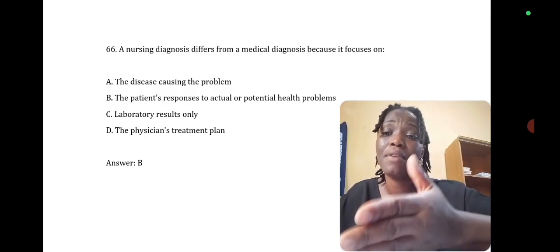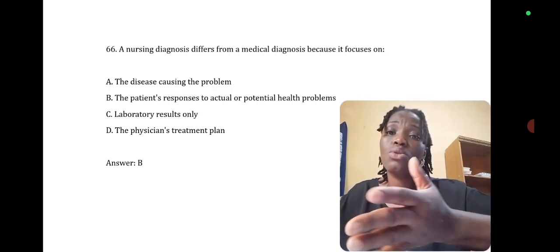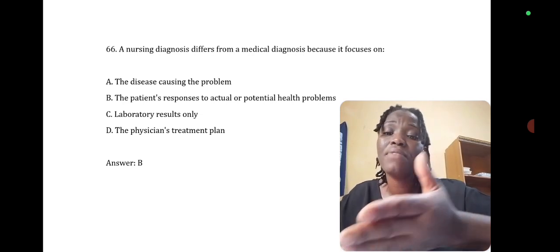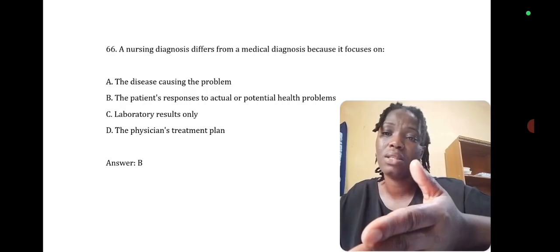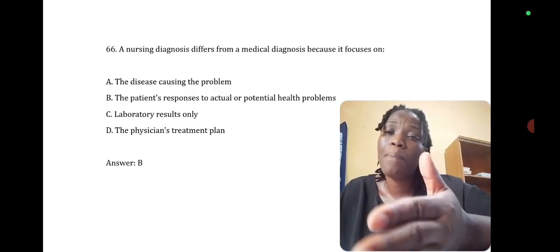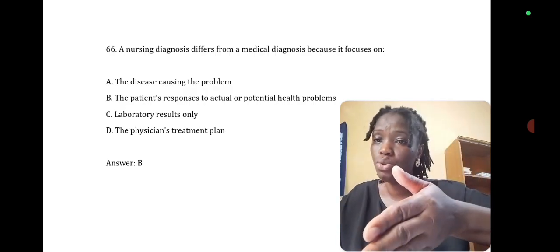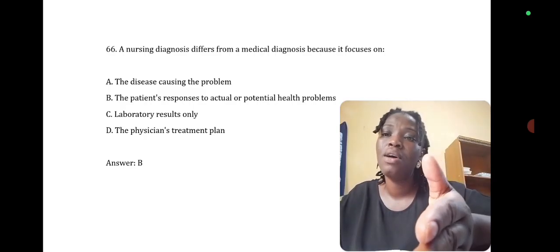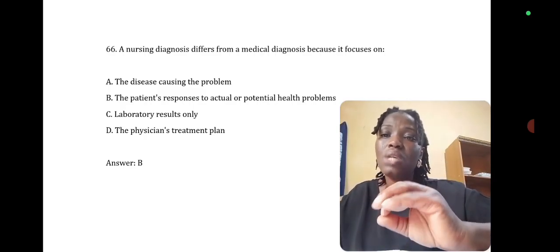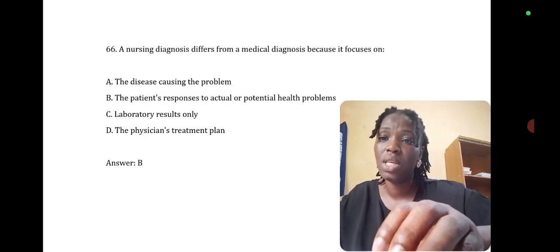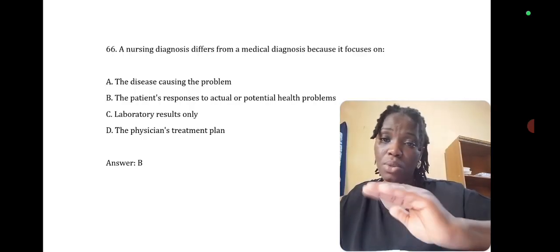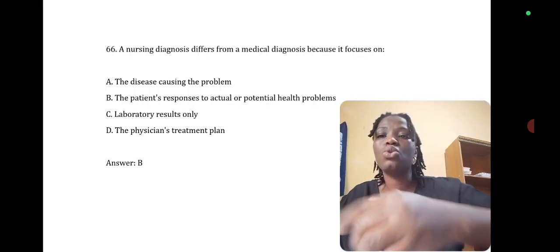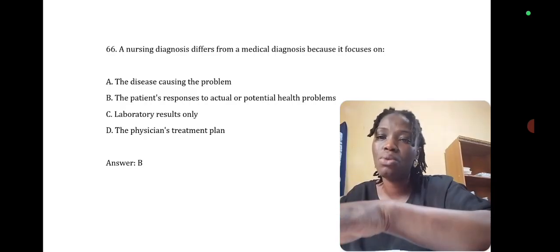For example, if the patient is having pain, the nurse wants to see, after giving pain relief, changing position or giving a cold compress, what will happen to that pain. Will it reduce or will it increase? So that is why nursing diagnosis is different from medical diagnosis, because the patient's response to actual or potential pain is very important to the nurse.